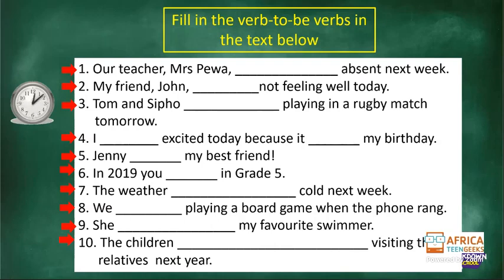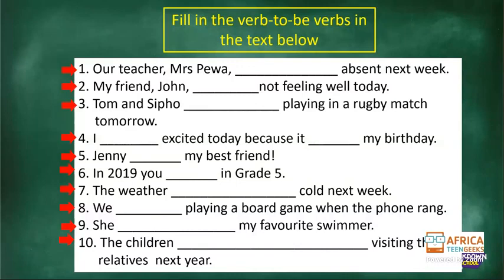Okay, are you done? Who would like to call out the answers? Who shall we choose, Heidi? We have Tsaba. Okay, Tsaba. Our teacher, Ms. Pira, will be absent next week.